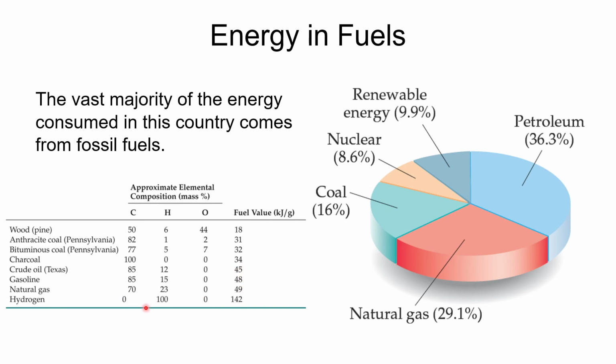It's not a fuel source in and of itself because naturally occurring hydrogen, H2, does not exist in that form on Earth, at least, where you just get H2 gas. You have to produce hydrogen from some other fuel source. So that's a little bit misleading that that's on the list, but kind of interesting.